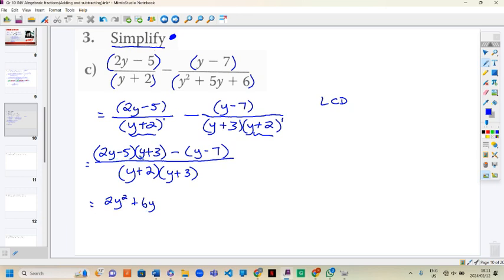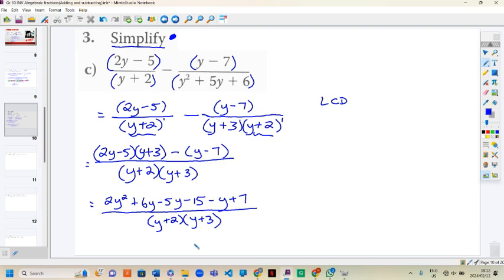And we've got negative 5 times y, which is negative 5y. Negative 5 times positive 3 is negative 15. Negative times y is negative y. Negative times negative 7 is positive 7. All over my delicious denominator there, which is y plus 2 and y plus 3.